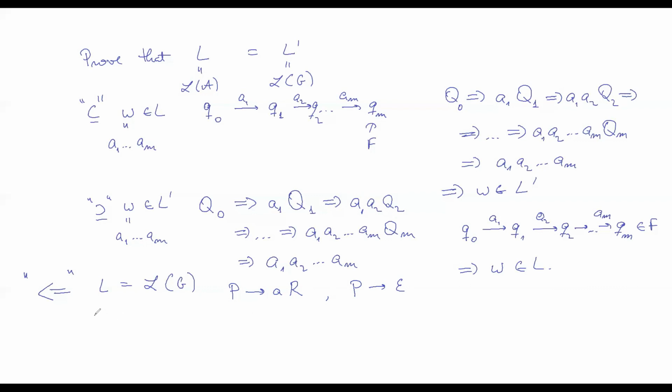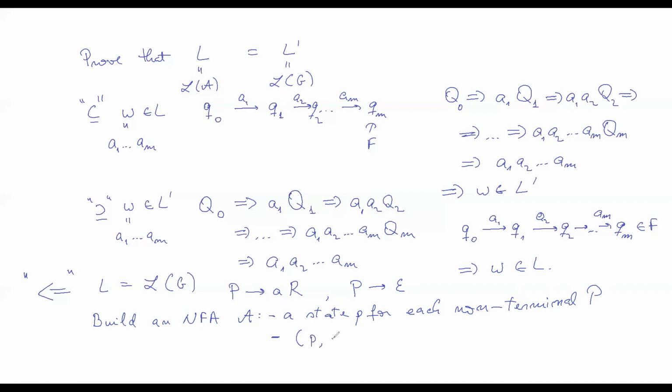And I will build a non-deterministic finite automaton in the following way. I will have a state, small p, for each non-terminal capital P, and I will have a transition relation that consists of triples like this.